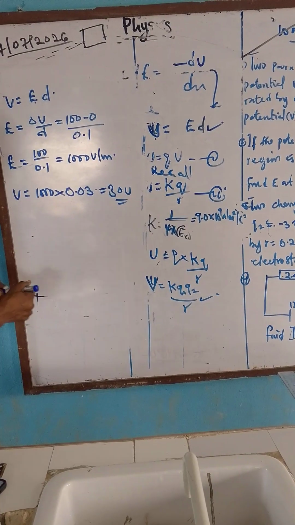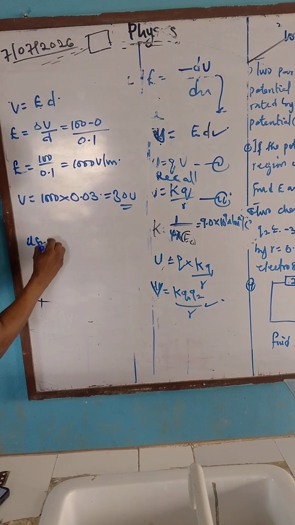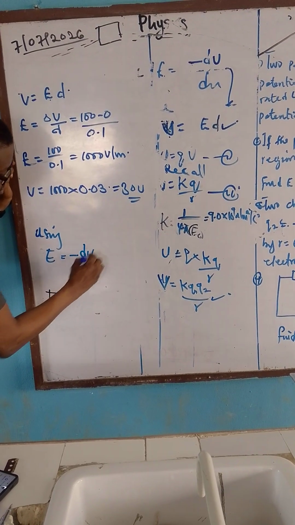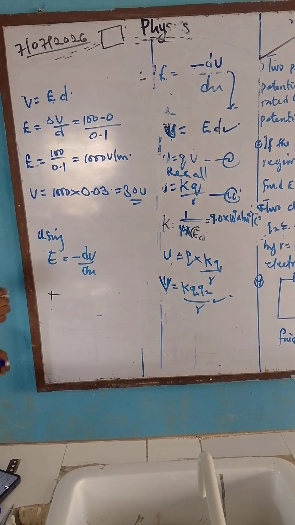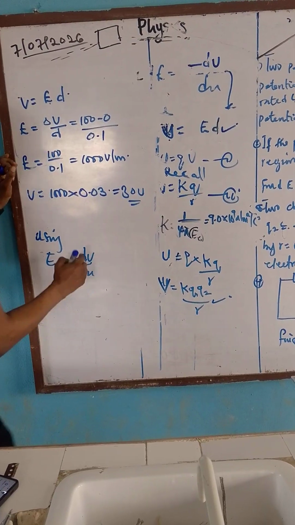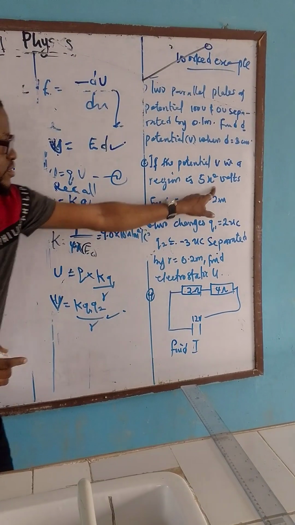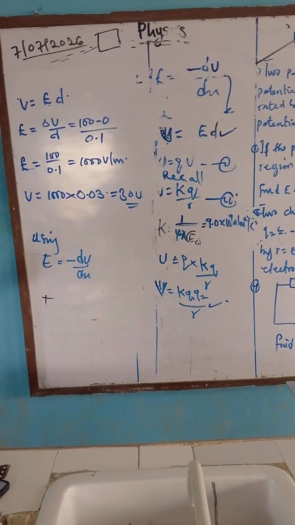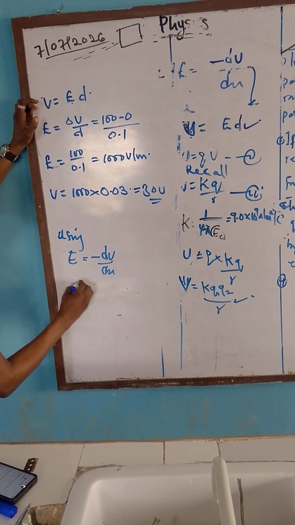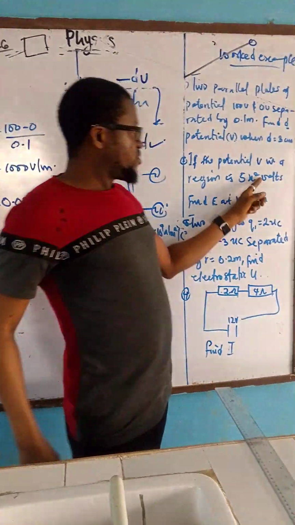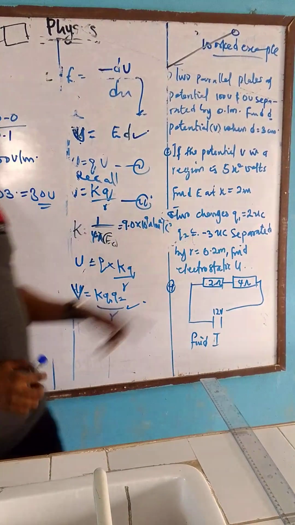So using E, which is equal to minus dV/dx, meaning we have to differentiate our V. This is V. So the symbol means differentiating. E is equal to, how do we differentiate? General formula: 2 times 5, that's 10.